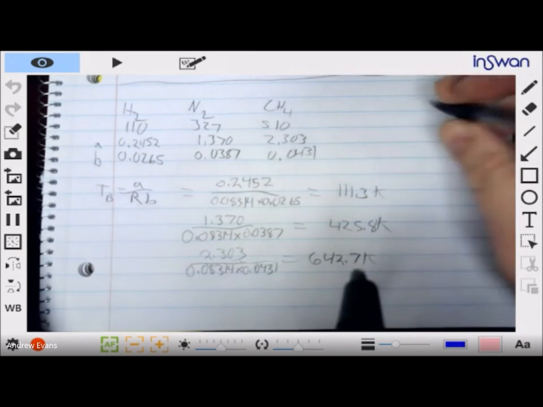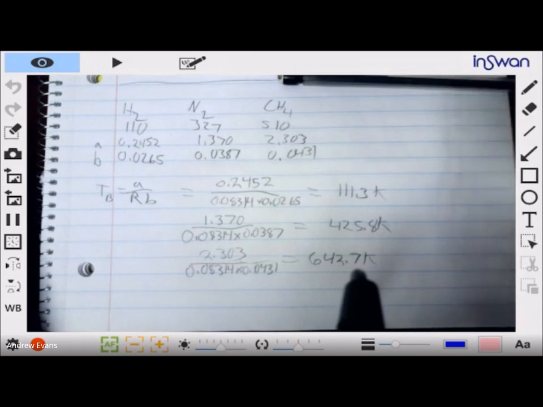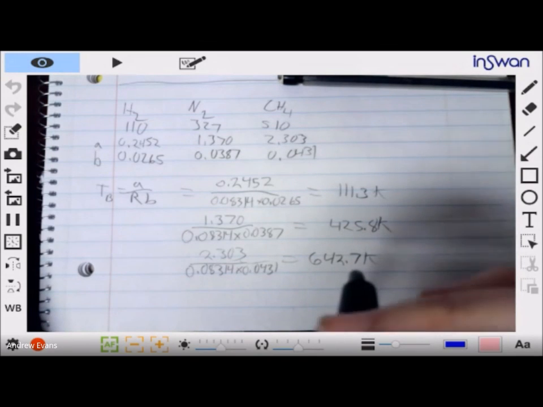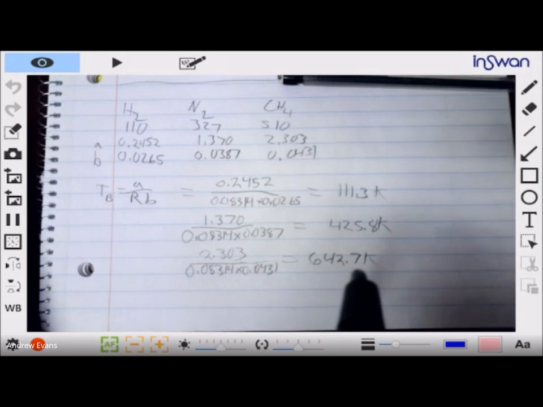Once again, that is significantly larger than what is actually given for methane at 510. So that is all it asks us to do, to calculate that and compare the predicted versus the actual, not really do anything beyond that.